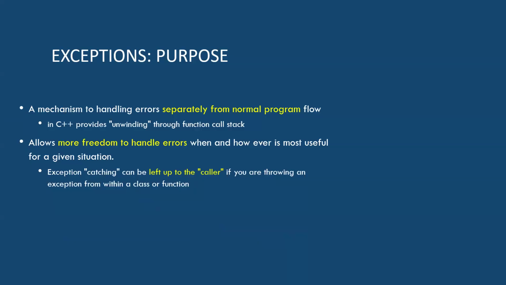So we leave the handling of the errors up to whoever called our function. So it's like, hey, I got a real problem here. Don't know what you want me to do about it. I'm just a function, so I'm going to raise an exception and you have to catch it. You being, let's say, main, or you being someplace higher up in the call stack than me, okay? So in order to raise an exception, we say in C++ that we're going to throw it, okay?